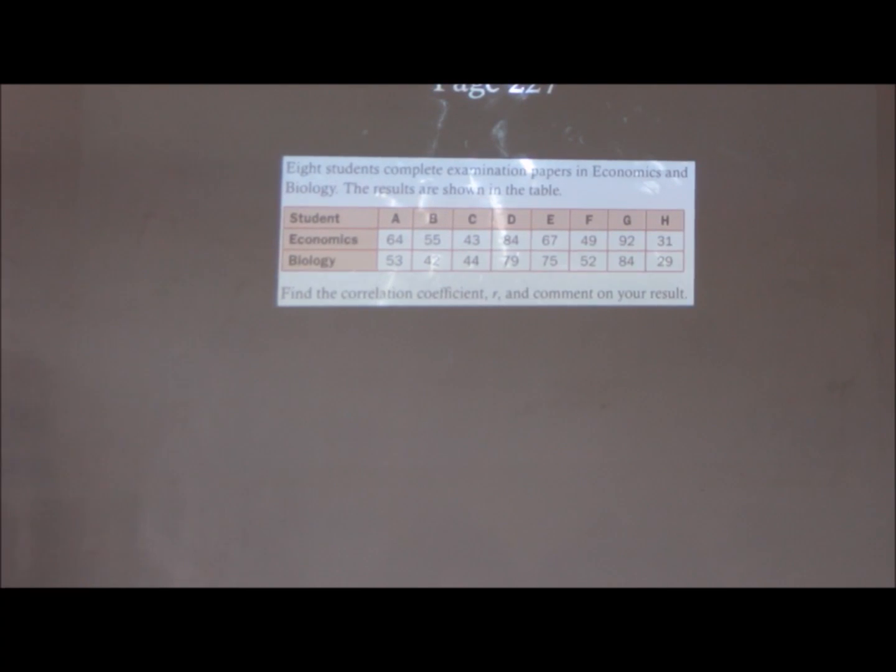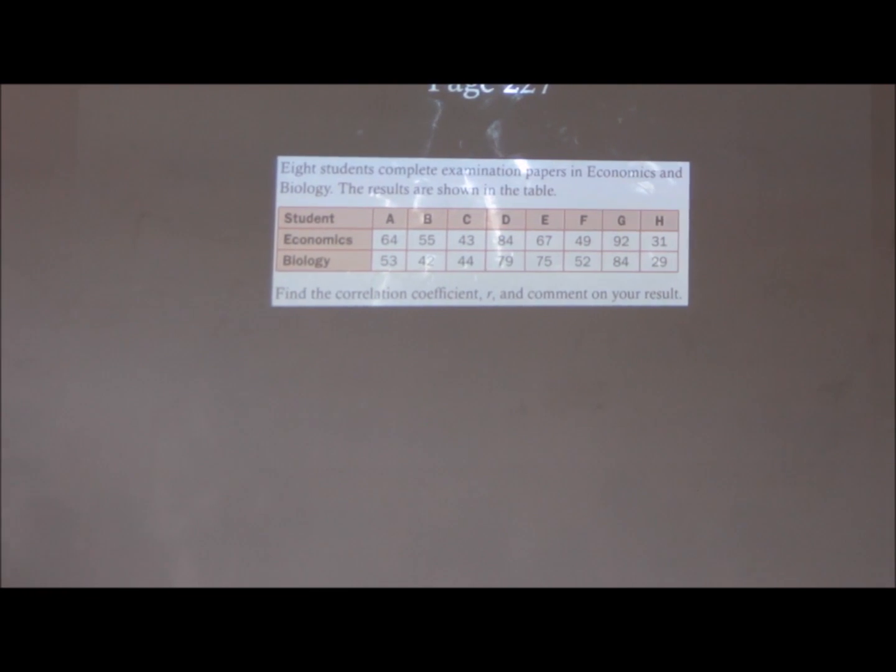Carolina, please. The table gives Exercise 4. 8 students complete examination papers in economics and biology. The results are shown in the table. Find the correlation coefficient R, and comment on your result.